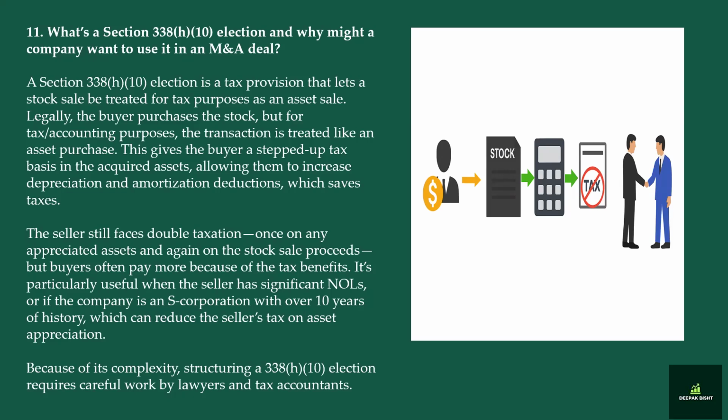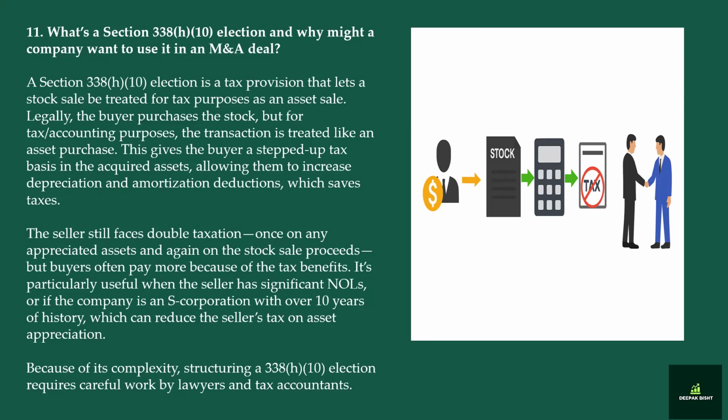The result is that the buyer gets a stepped-up tax basis in the target's assets, and the seller recognizes tax consequences as if an asset sale occurred. How Section 338 works, and when it's used, is another question.